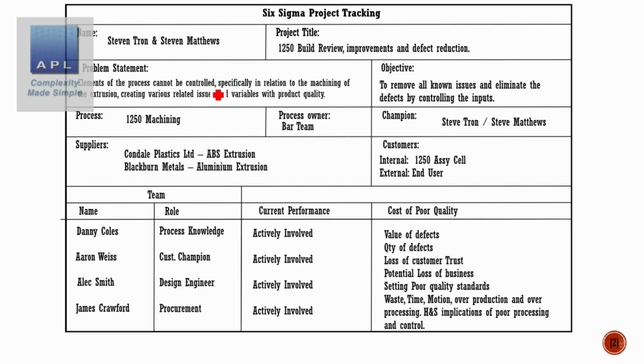So what's it saying? The process cannot be controlled in relation to machining of some plastic extrusion, and you'll see this is a very simple process. They are just taking a simple plastic extrusion, doing 2 simple machining activities at the end of the plastic extrusion.